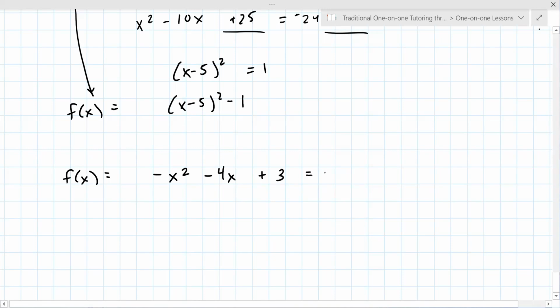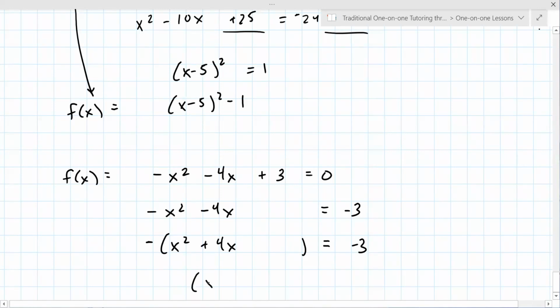So you either set it equal to 0, so you have minus x squared minus 4x equals minus 3. What I like to do is factor out this negative first. So I always bring it back to that form that you were doing in the previous problem.